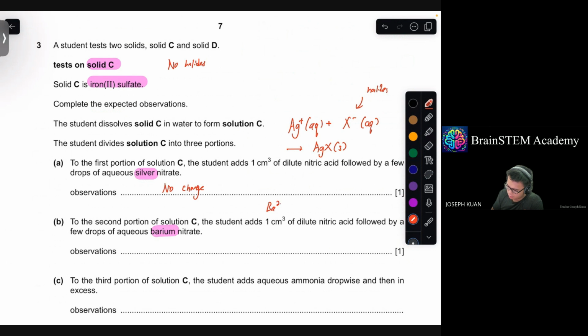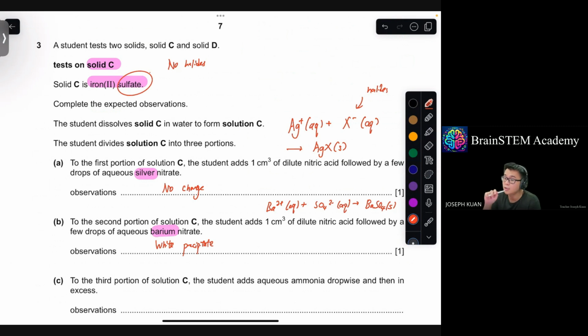Barium reacts positively with sulfate ions to form a white precipitate, which is barium sulfate. So, is there sulfate present in this solid? Absolutely. There is a sulfate ion here. So that means you will form a white precipitate.